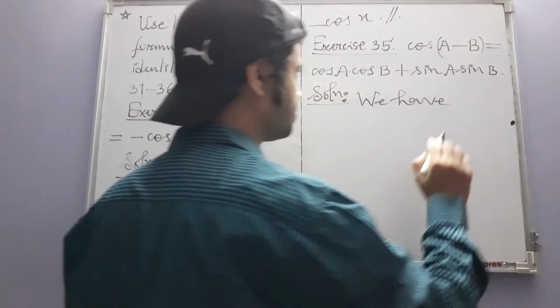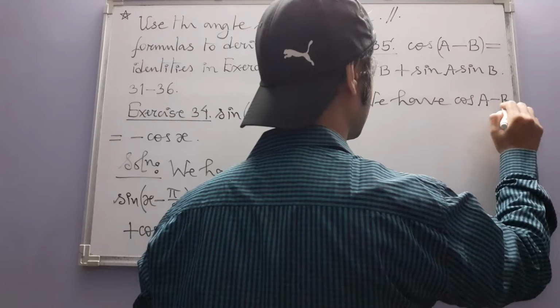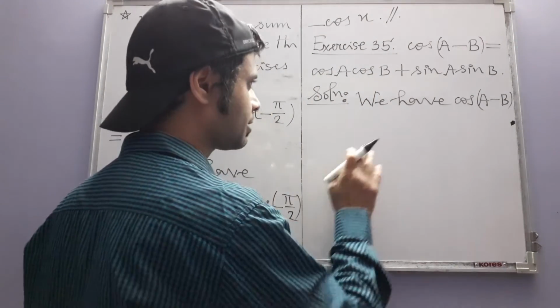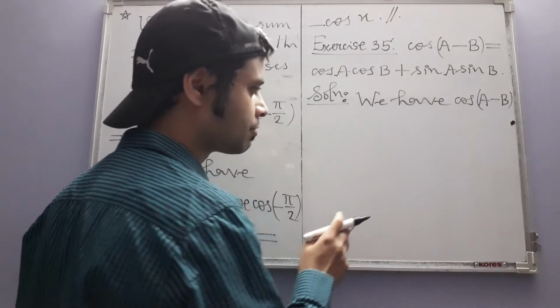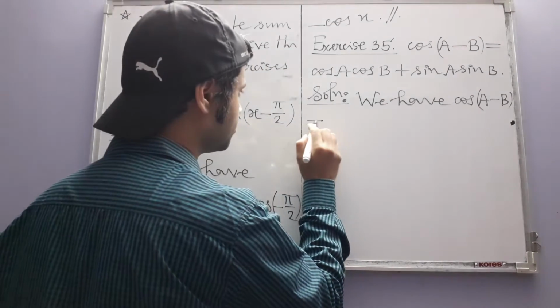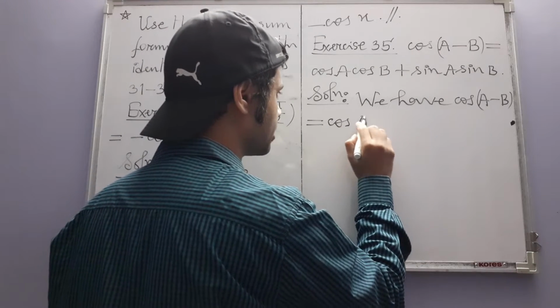We have cos(a minus b). In order to emphasize the fact that we are actually using the formula for cos of something plus something, before writing anything else, let's just write this.